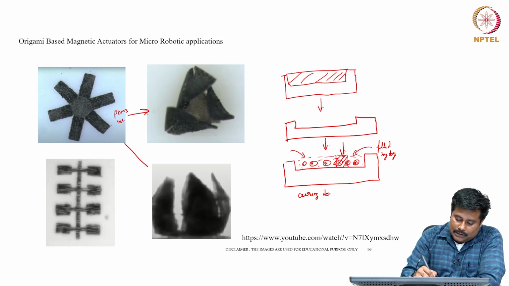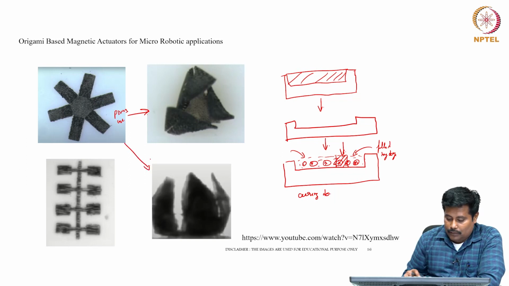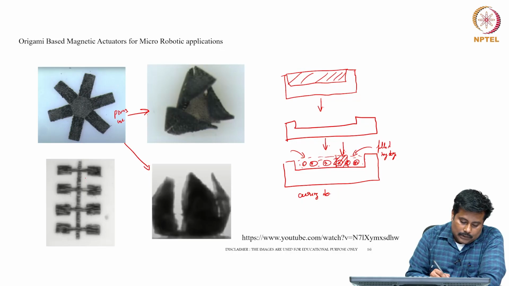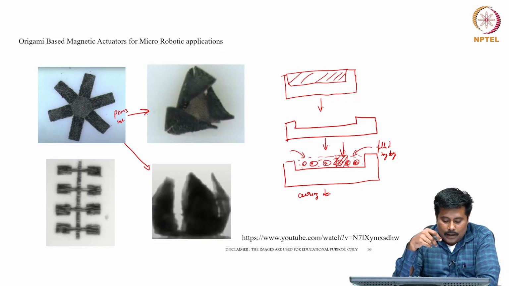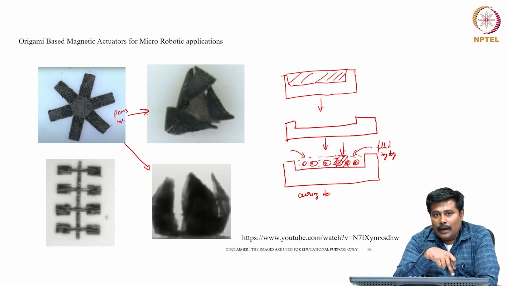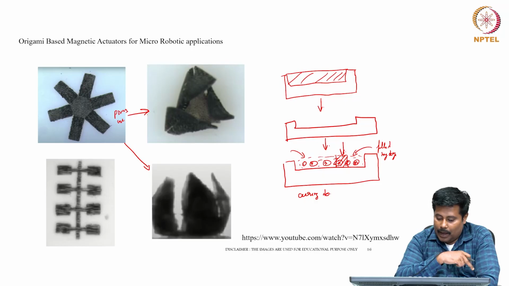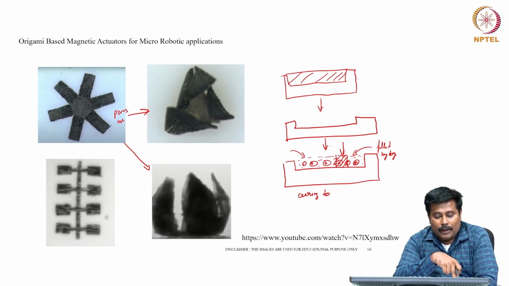Similarly, if you need to have a structure, we can have a kind of a lotus structure what we are looking for. So, this is a kind of selective structures. In these selective structures, the patterns are expected to be integrated in such a way that you can have a micro motion which can be an outcome of such kind of micromagnetic actuators.